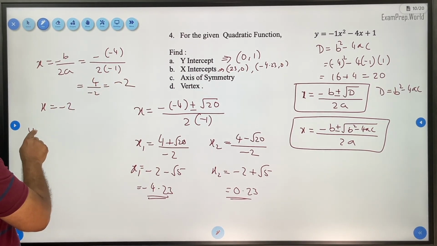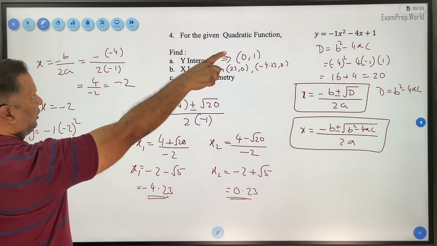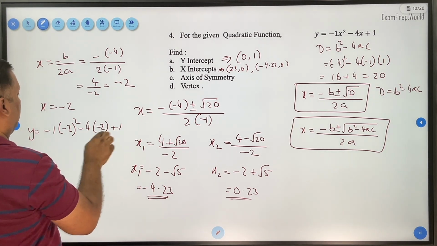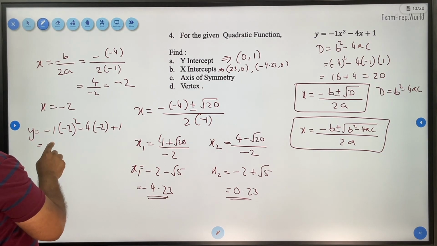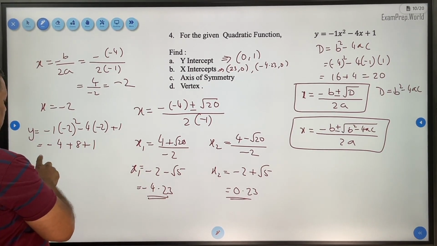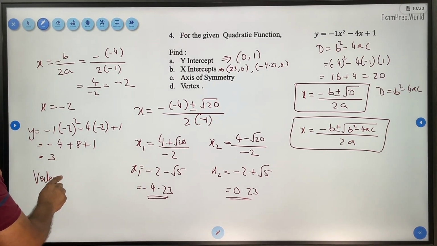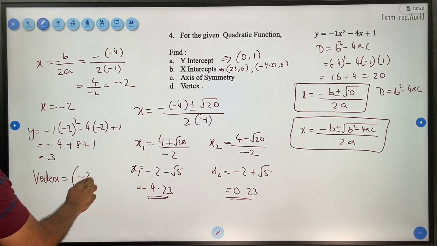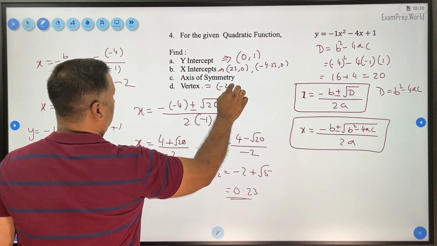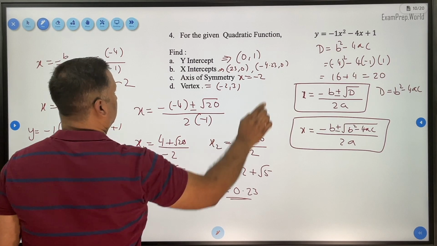So, y of vertex will be minus 1 into negative 2 whole square, minus 4 into negative 2 plus 1. So, it is minus 4 plus 8 plus 1, 7 minus 4, 3. So, vertex we get it, vertex is minus 2 comma 3 and axis of symmetry was x equals to negative 2.